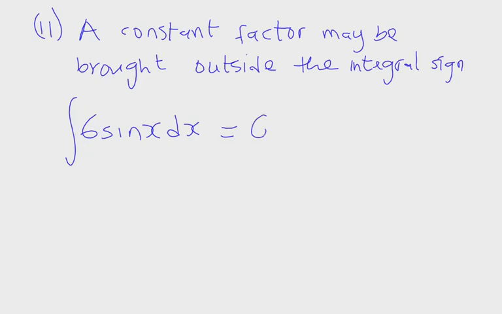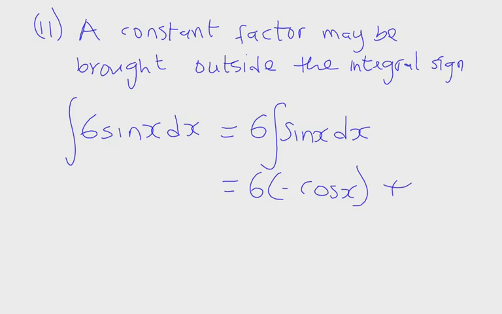So we bring 6 out, and then we have the integral of sin x dx. 6 here is a constant multiplying sin x. This 6 does not have x, so it's a constant. We now integrate this, so that is minus cos x, and then we put plus c.